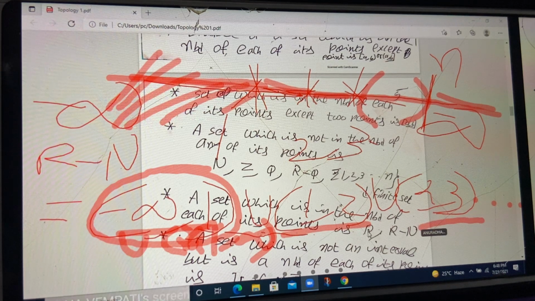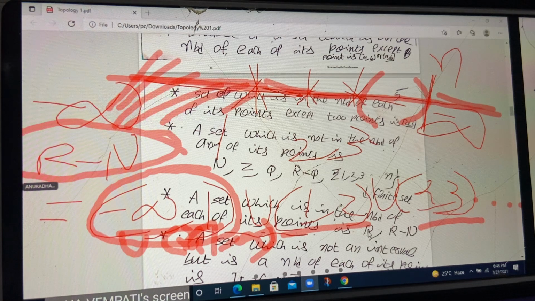Here also every point is an interior point. Therefore, R minus N is also an example of a set having every point of it as an interior point.